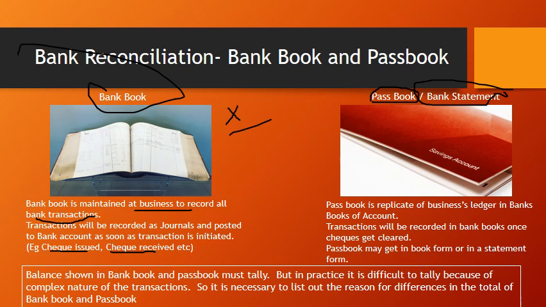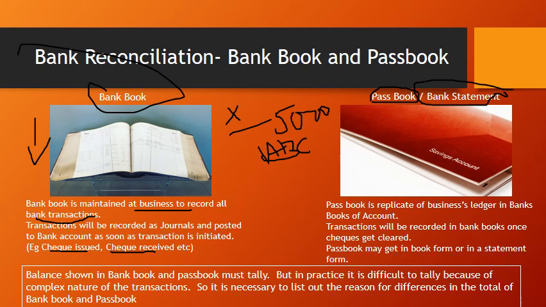If they issue a 5,000 rupees check to its customer ABC Limited, in X's books they record that 5,000 rupees is paid to the customer. So it reduces the bank account balance in the bank book.